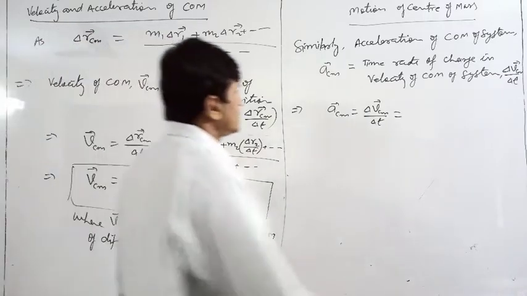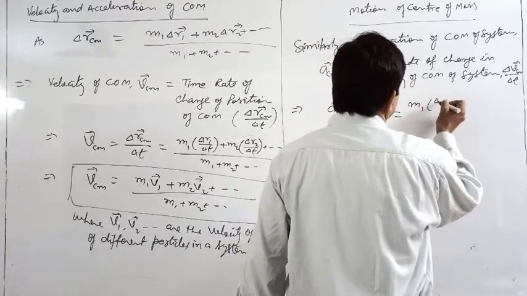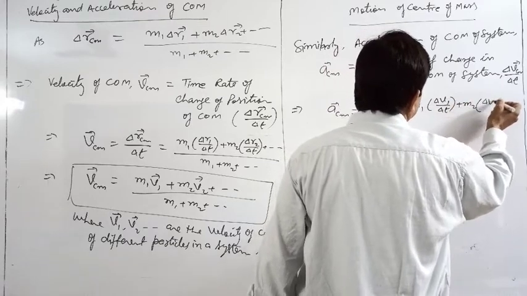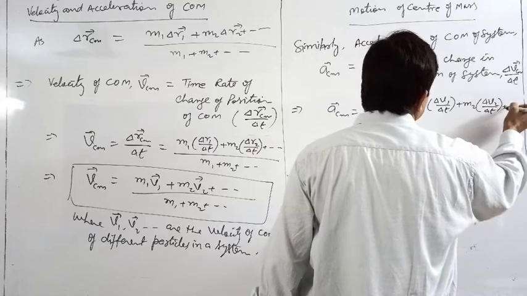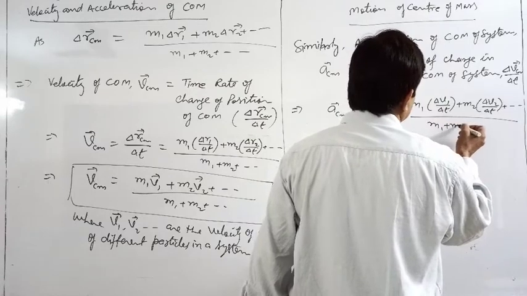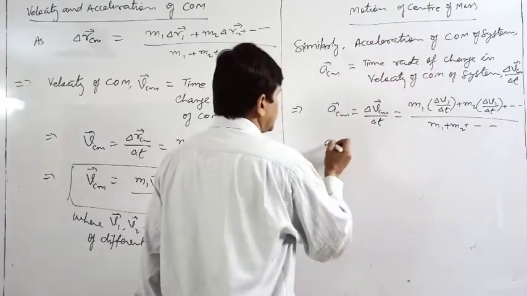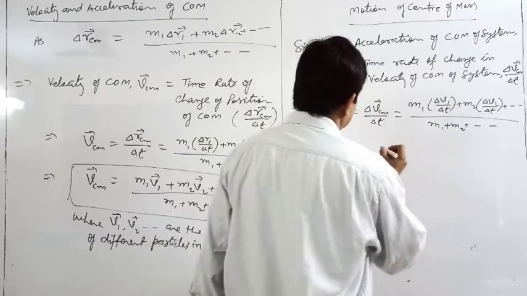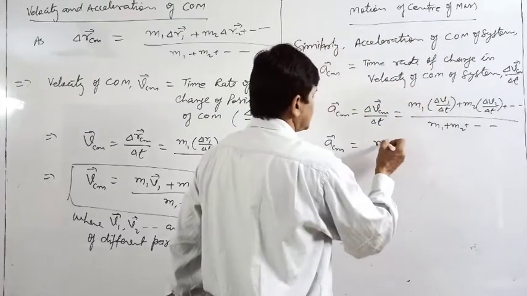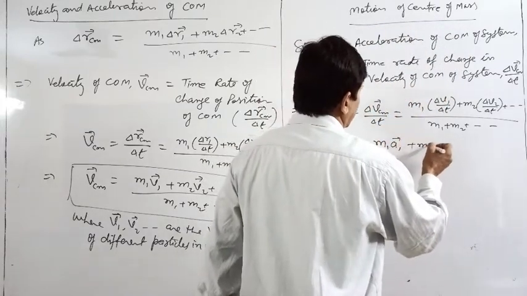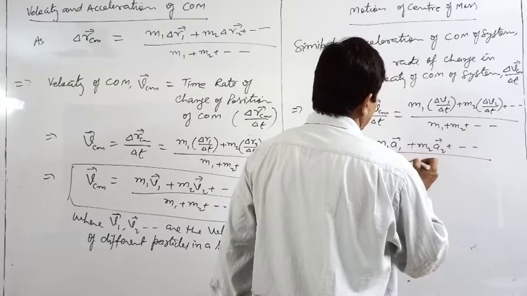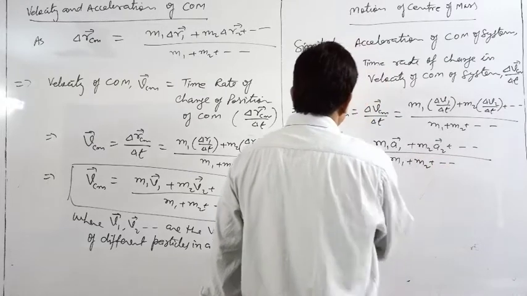We can write here m1 delta V1 by delta T plus m2 delta V2 by delta T, likewise by mass. So ACM can be written as m1 A1 plus m2 A2 and so on, by m1 plus m2, likewise.